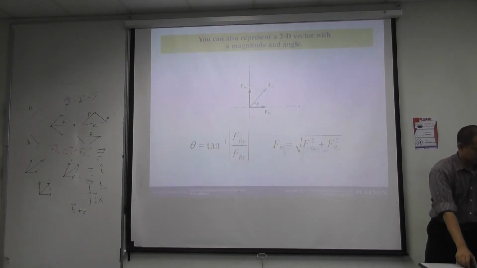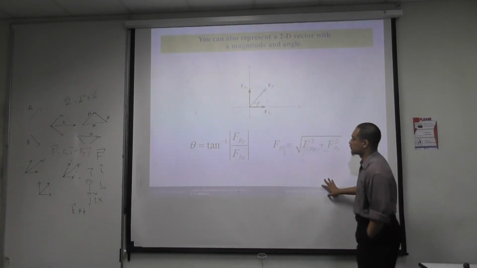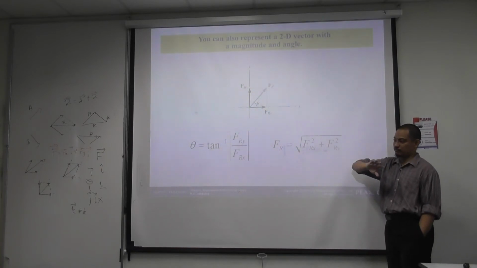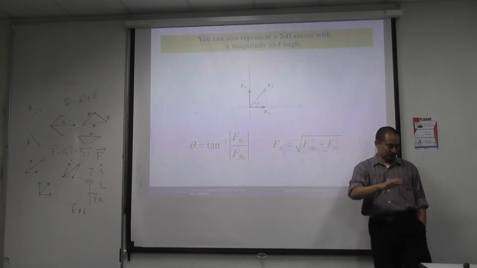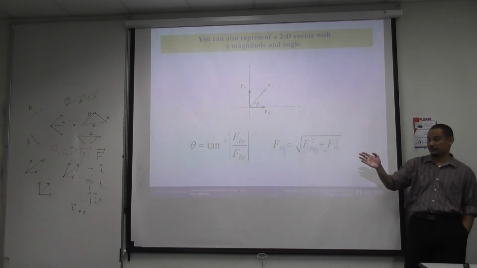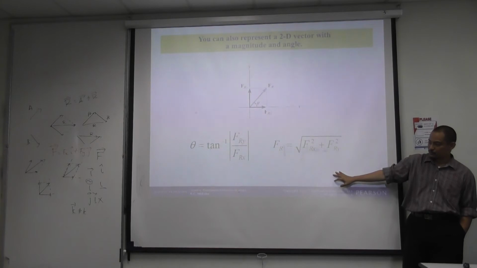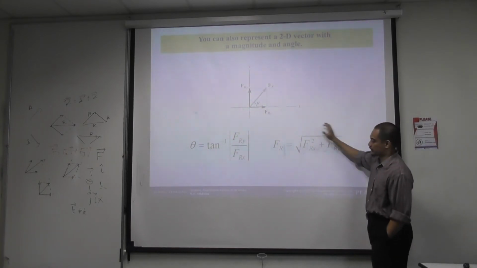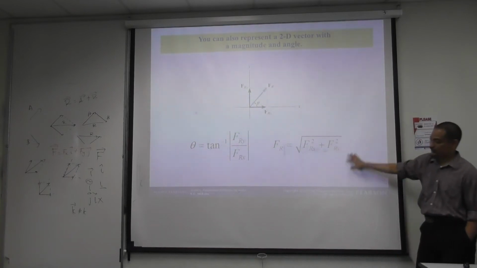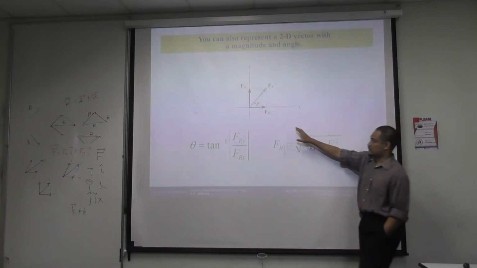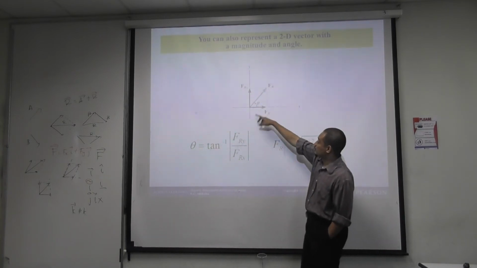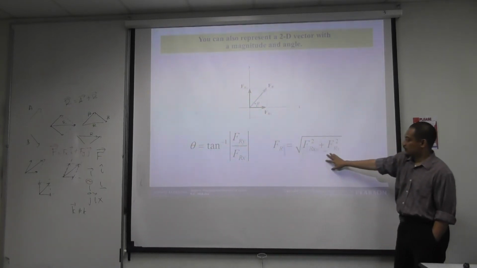What is important here is that if the question gives you several forces in vector form, the easiest way to solve it is by using vectors like that. You resolve into x and y components, add the x components, add the y components, and you get the resultant of x and y. Depending on where it is, you know where the theta is, and then you calculate it.